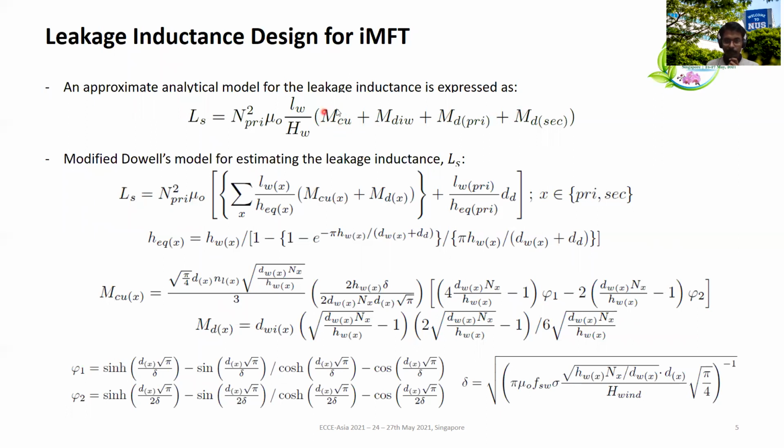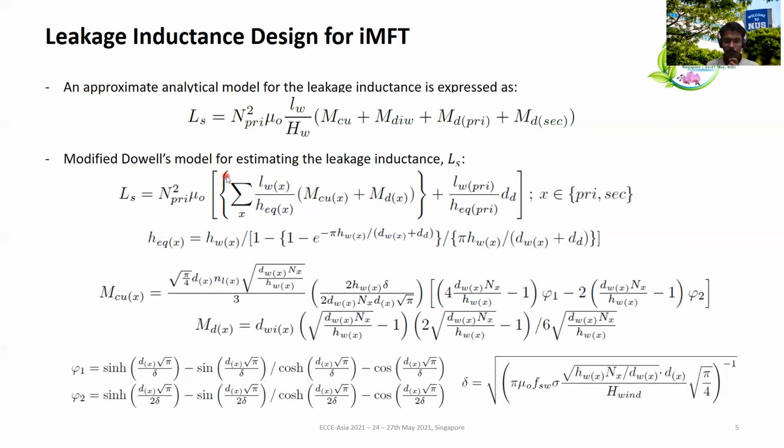This is the leakage magnetic energy trapped in the copper volume, and MdIW is the leakage magnetic energy in the interwinding dielectric, whereas Md primary and Md secondary respectively signify the leakage magnetic energy in the primary winding's dielectric and secondary winding's dielectric.